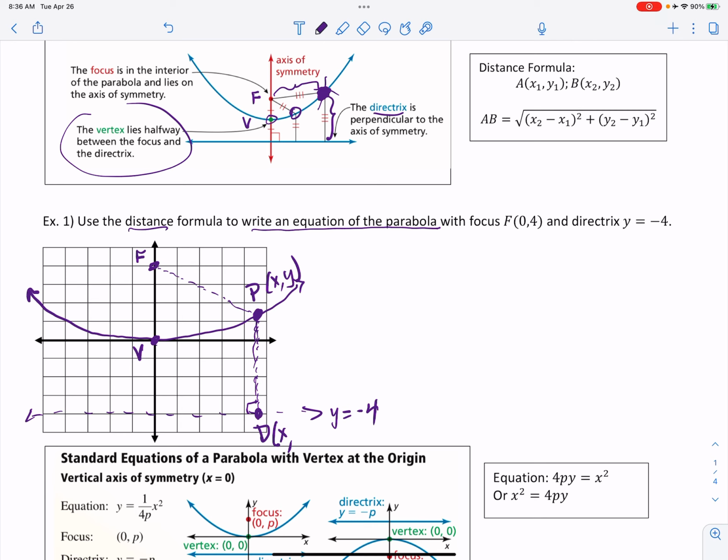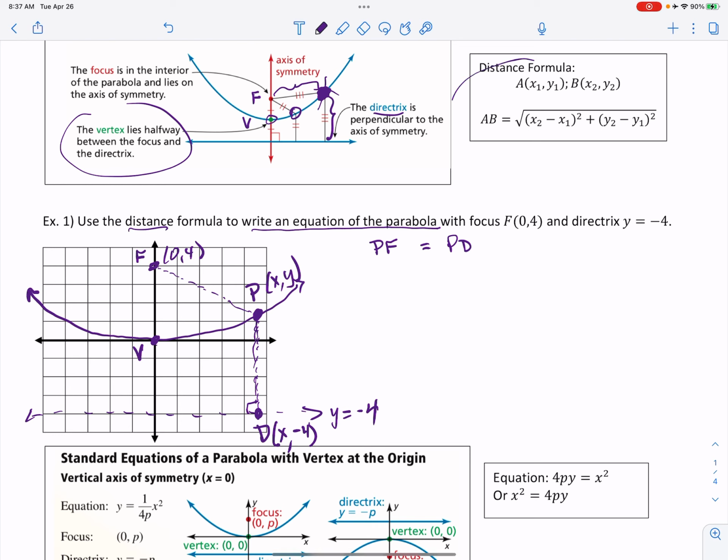The y-coordinate of D has to be -4 because it's on the directrix, which is the equation y equals -4, and the focus is (0, 4). According to the definition, the length of PF has to be the same as PD.